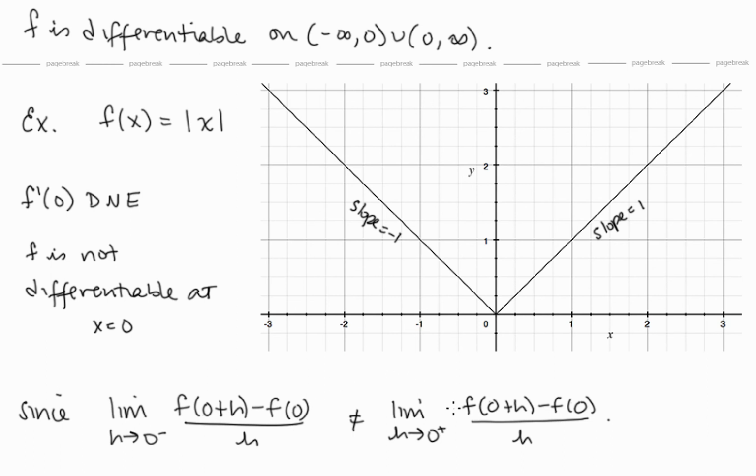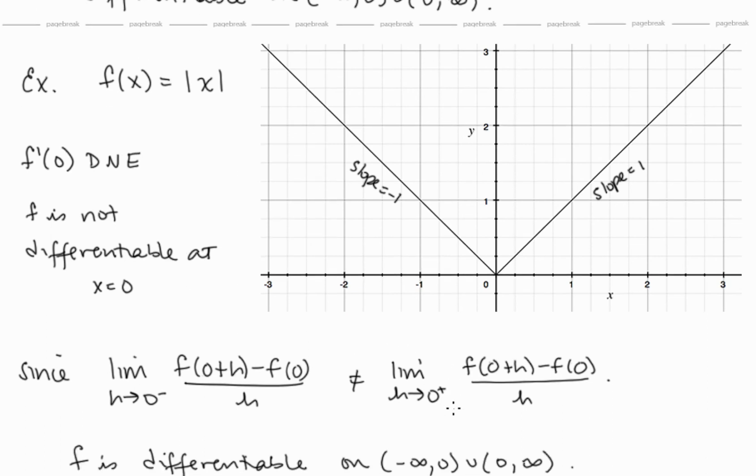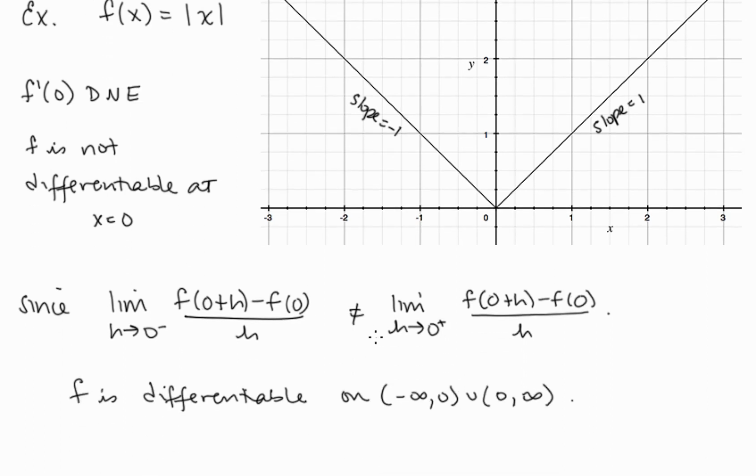The slope from the right is equal to positive 1. So the slope computation, the two-sided limit here, would not exist. And so f prime of 0 does not exist, and f is not differentiable at x equals 0. So again, f is differentiable on the interval negative infinity to 0, union 0 to infinity.